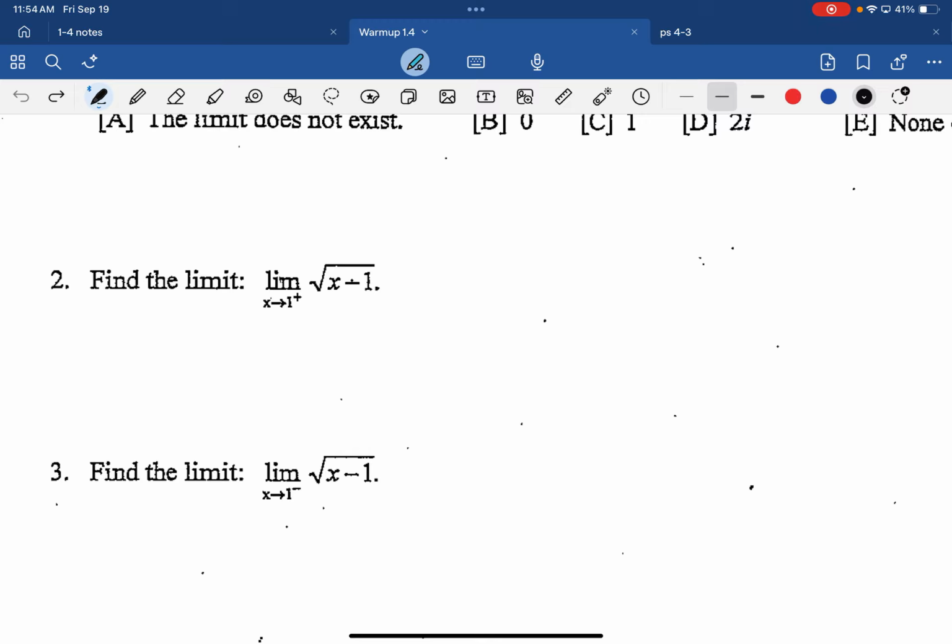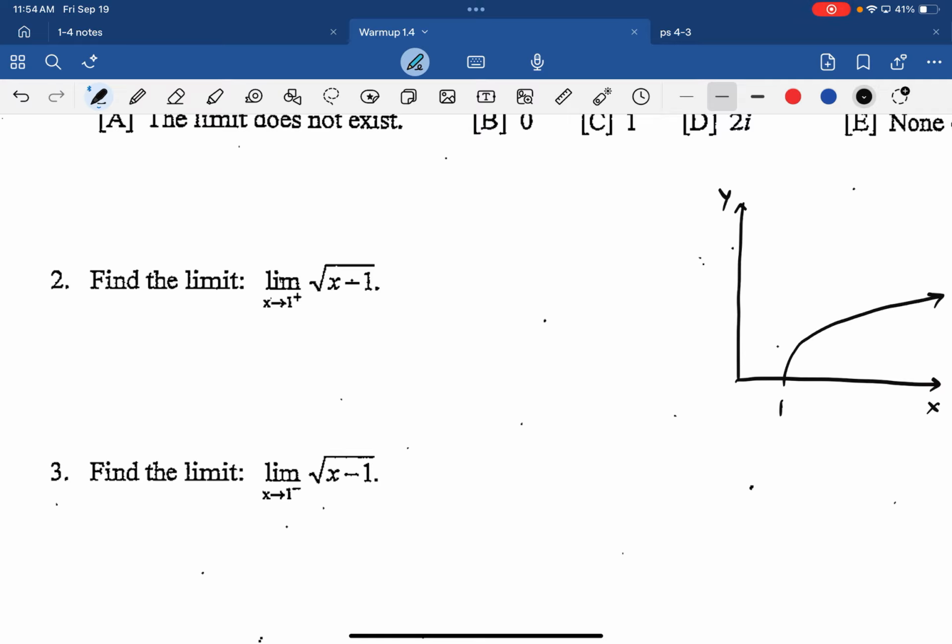Okay? So it might help if you graphed this. If this is x equals 1, the function looks like this.